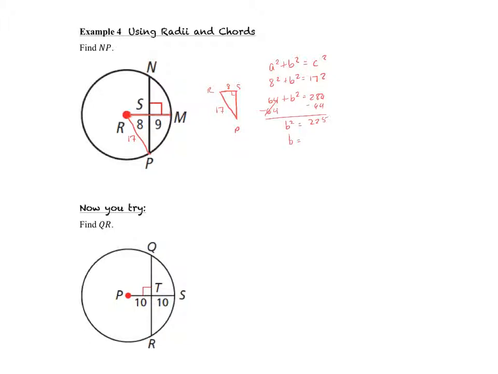So that means that b is 15. So that means that SP is 15. And then what I do with that, if we're looking for the whole length of the chord NP, I know that it was a bisector, so this would be doubled. So NP is 2 times 15, which is 30. Now I've answered the question.